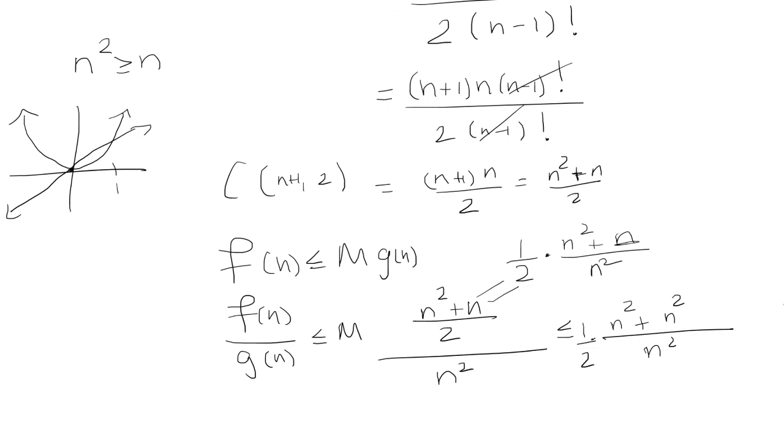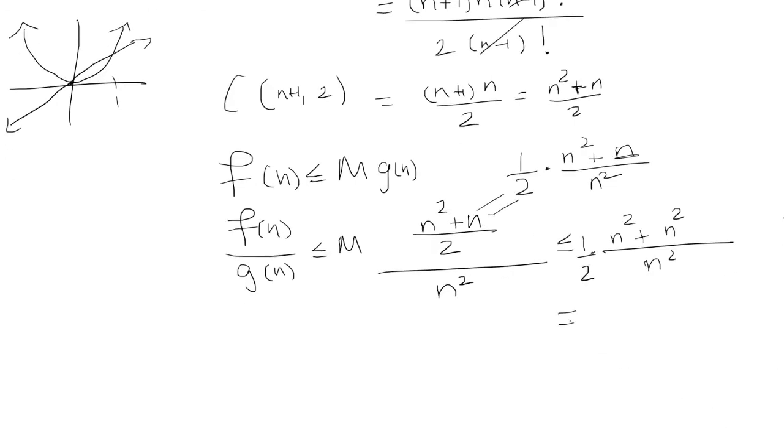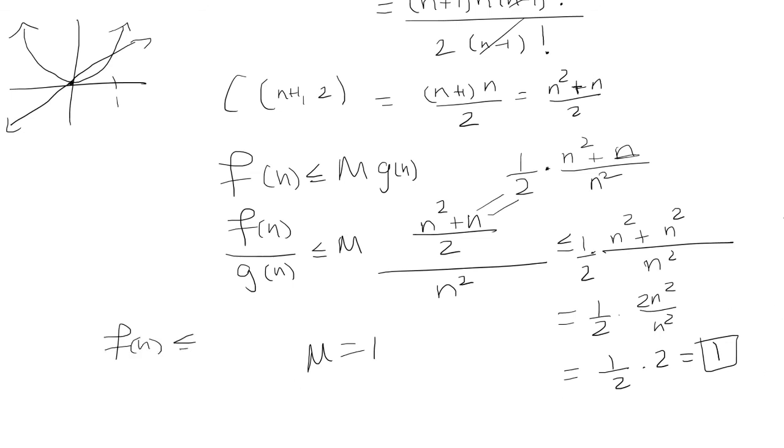So this is equal to 1/2 times 2n squared over n squared, which is 1/2 times 2, which is 1. Okay, so this is M. M is equal to 1. And so we say that f of n is less than or equal to g of n, and thus f of n is equal to big O of n squared.